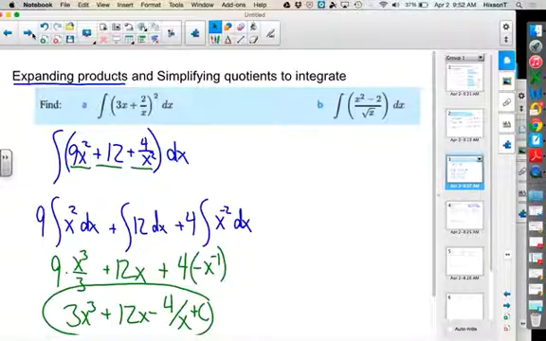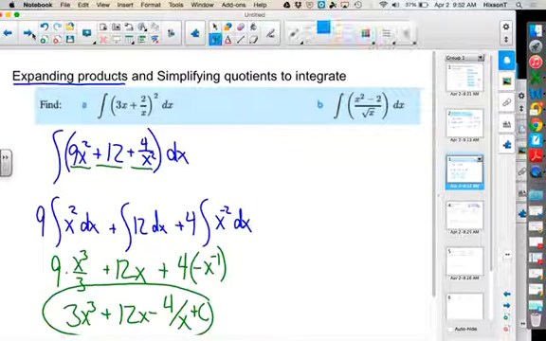Okay. Then we have a case like this. We have the integral of x squared minus 2 all over the square root of x. Well, this is a case where we don't have a quotient rule, but because our denominator is just a monomial, we are able to kind of distribute or split apart your fraction into 2 separate things here, okay?